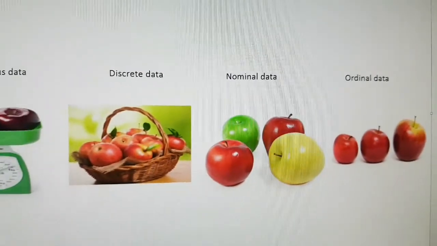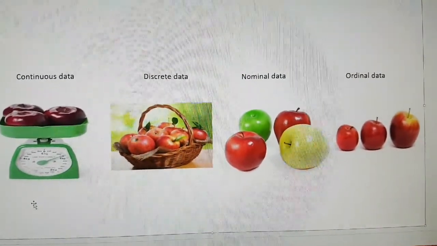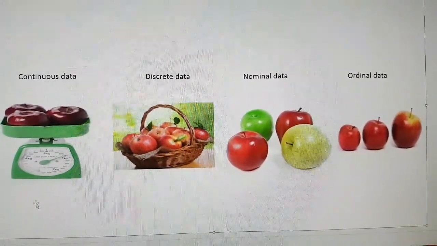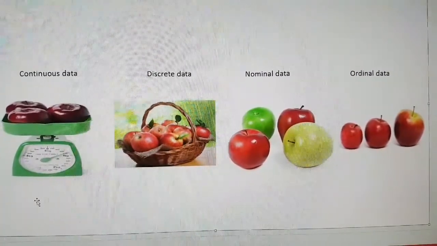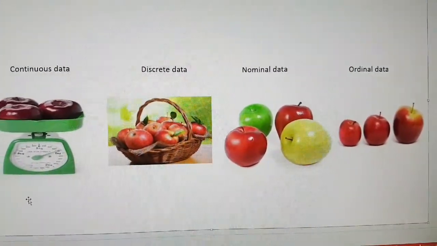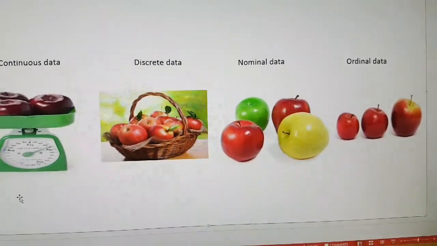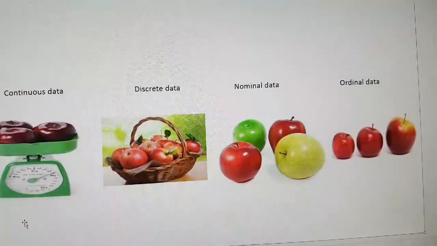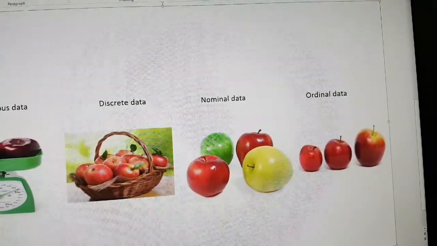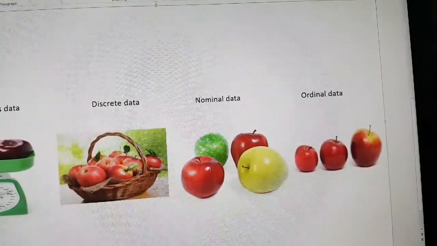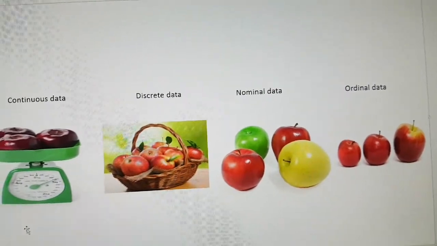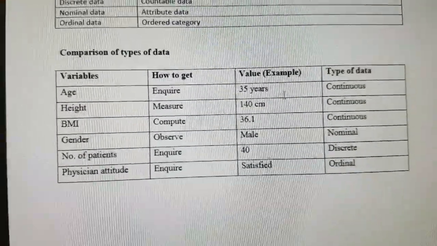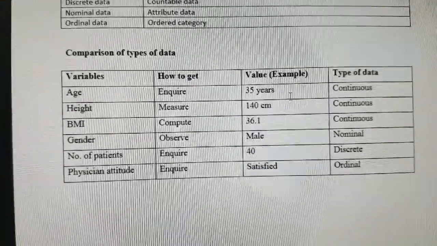So this is the best example for the classification of all four types of data: measurable continuous data, number of apples is discrete data, apples by color is nominal data, and apples by size is ordinal data.